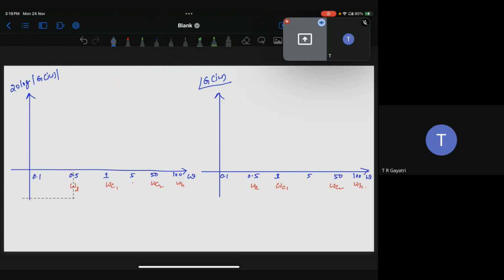Then at 5, that is omega C1, we calculated 28. Then at 50, we calculated 48. That continues for 100 also. Let me put these values: minus 12, 28, 48. So these are the points.